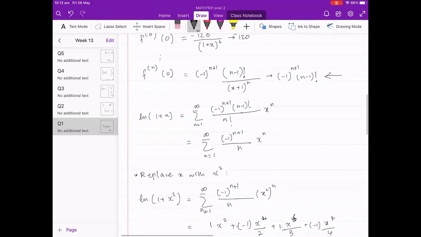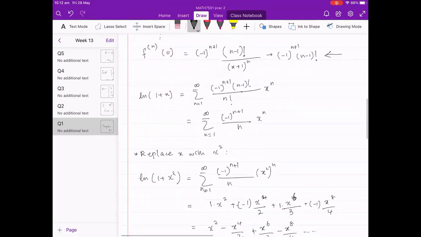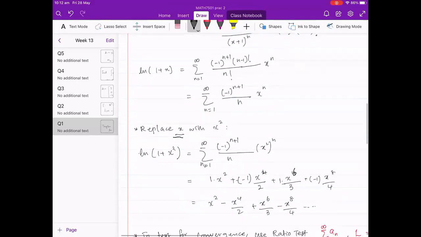And that means when the function is ln 1 plus x, we get a nice formula here for the summation. But then what I did was I replaced x with x squared, which gave me this one here. Same thing.